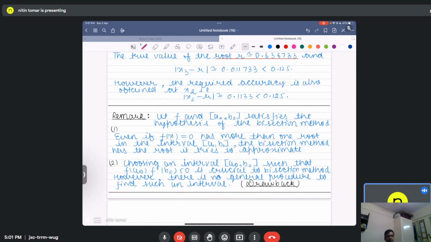Because every method that you will be learning is an approximation method. It will give you an approximation of the root. So how far you are actually from that root is precisely the error. So for every method you should expect that it will give you some error estimate also, and that is precisely the aim.